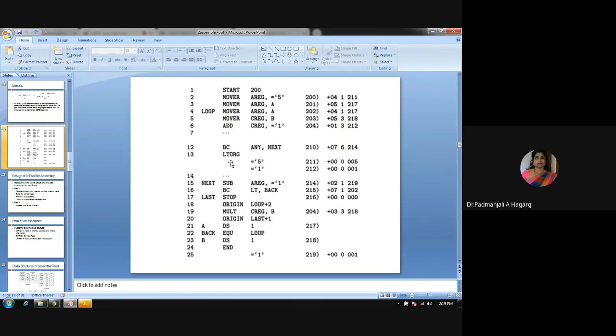So at 211 and 212, using the LTORG, it is found. So using the literal table, now it has come to know 5 is found at 211 and A is found at 217. See here, A is found at 217.